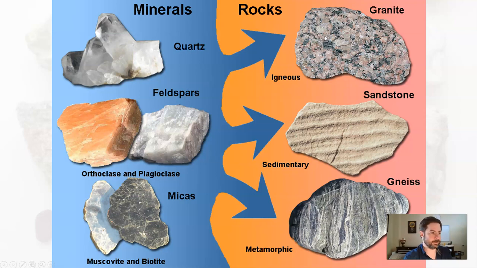Two or more minerals. It's also these same minerals that make up sedimentary rocks like sandstone, and these same minerals that make up metamorphic rocks like gneiss. Also in this unit, we'll define each of these different types of rocks: igneous, sedimentary, metamorphic. But I put this here for the point that rocks are typically a combination of two or more minerals.